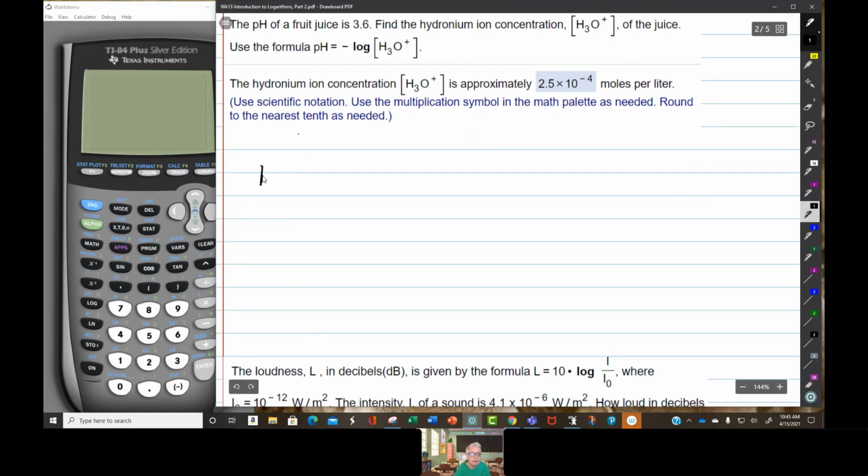Namely that the pH equals negative log of the bracket H sub 3 O plus. That means it lost an electron, so now it's an ion.